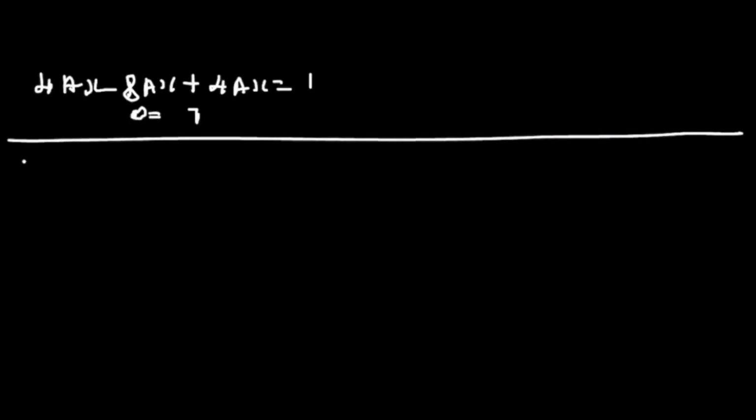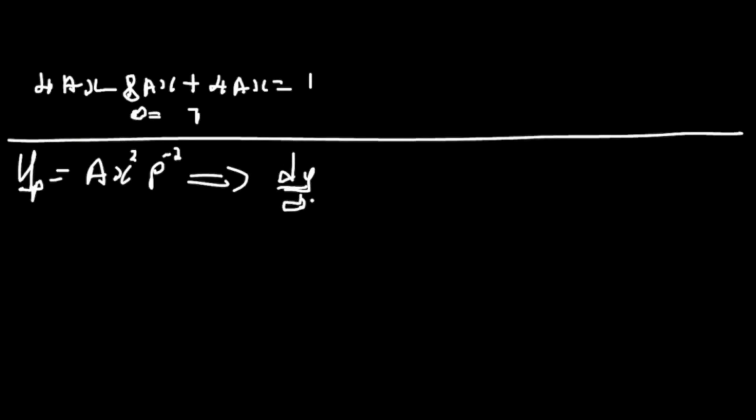So now, after seeing that our y particular should be ax squared e to the minus 2x, we're going to look for our first derivative, our dy dx, which will be equal to this.